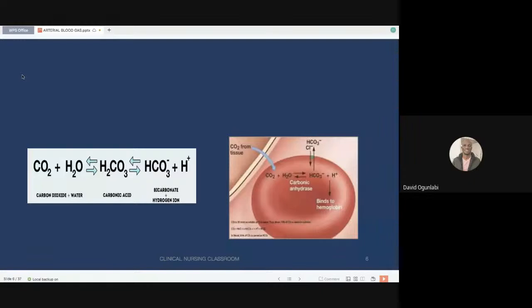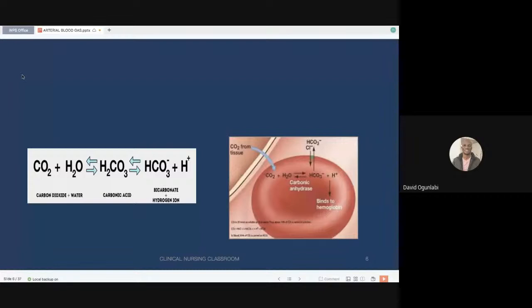If we can get the level of carbon dioxide, we will know if there is acidity or not. The higher the level of CO2 in the body, the higher the acidity of the blood. I will say that again: the higher the CO2 level in the body, the higher the acidity of the blood.